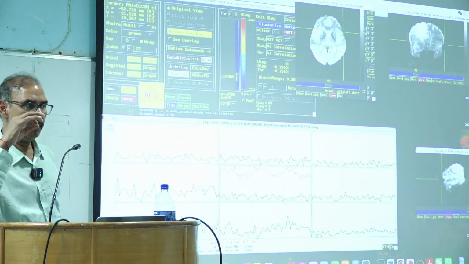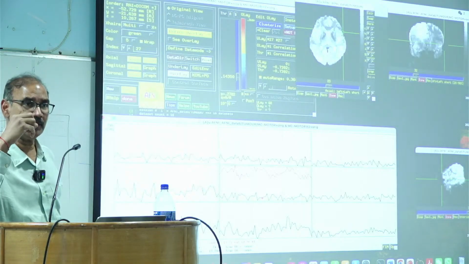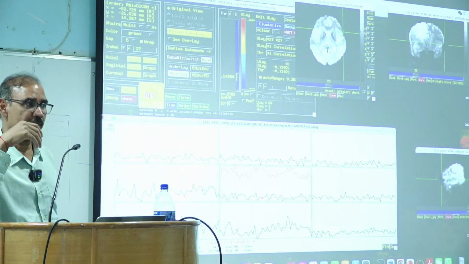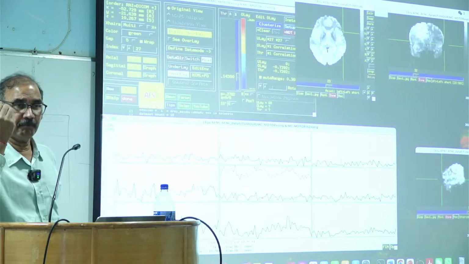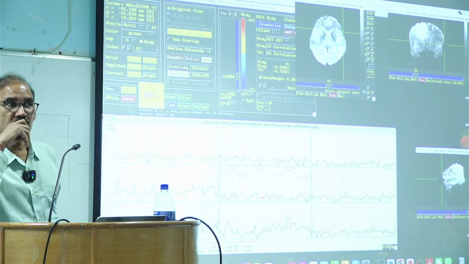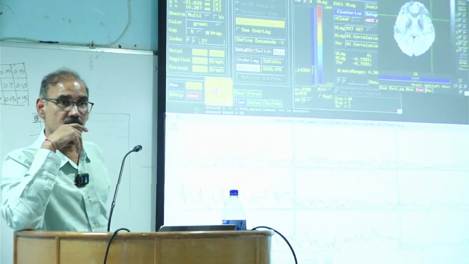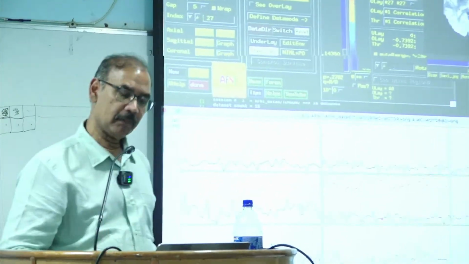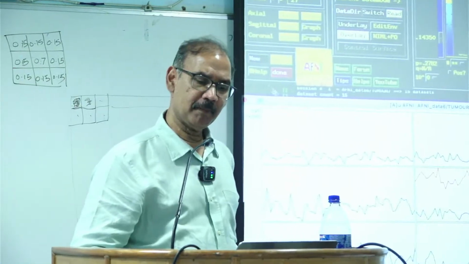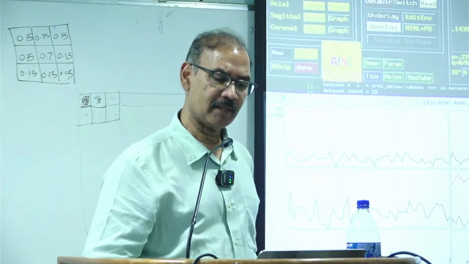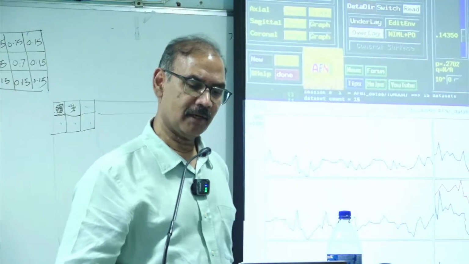Because the motor has nice signal, but it won't be the first or the second. The motor region has good signal response, right?